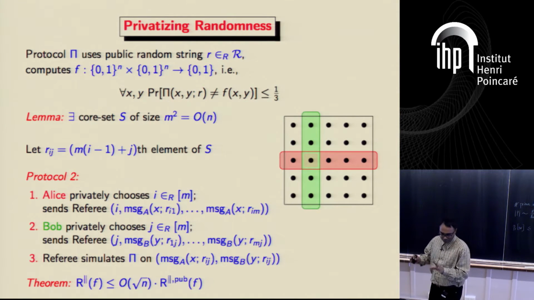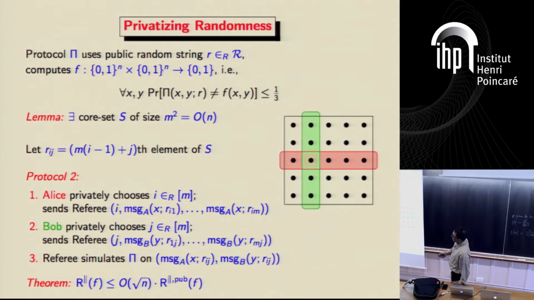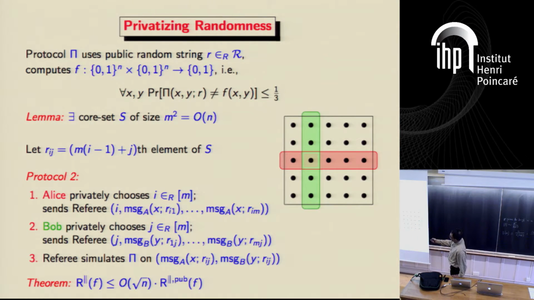But now we can't do that because we're in the simultaneous model. So instead, we are going to assume that all the random strings in our core set are arranged in a nice square grid. Alice is going to pick a row of this grid, and Bob is going to pick a column. The intersection of these two will end up picking one of the elements.